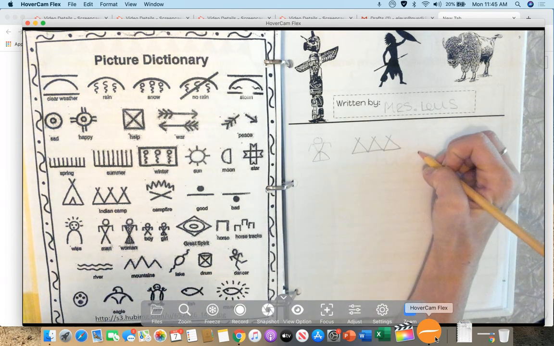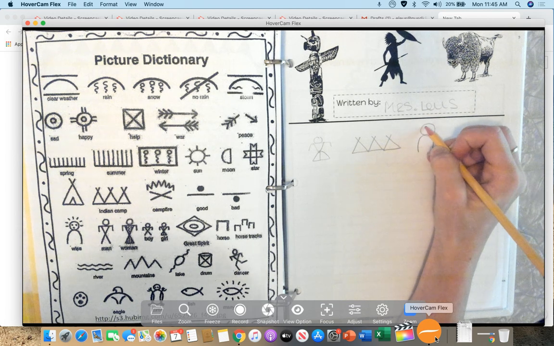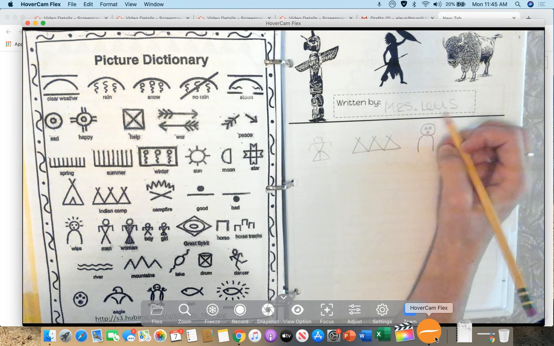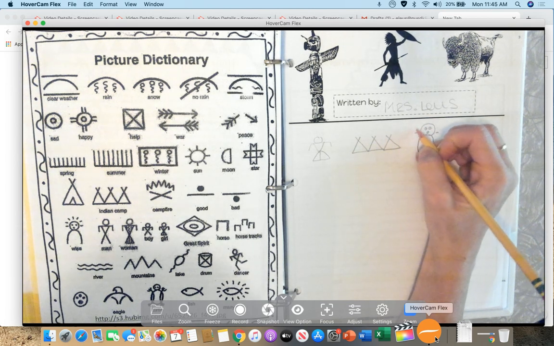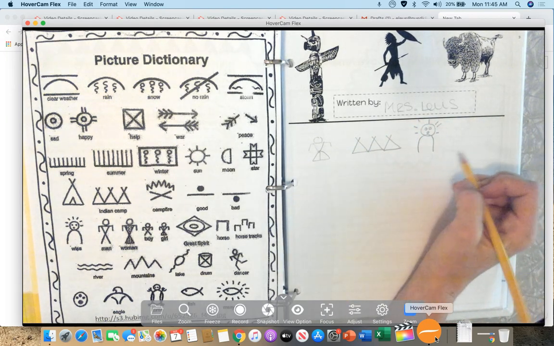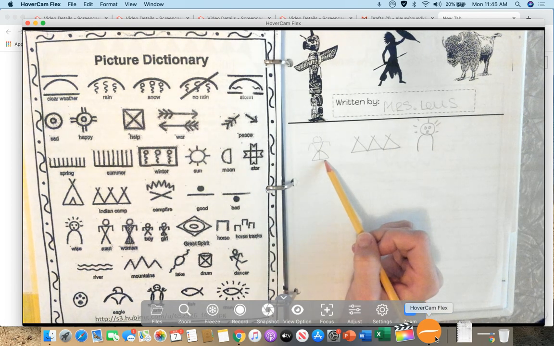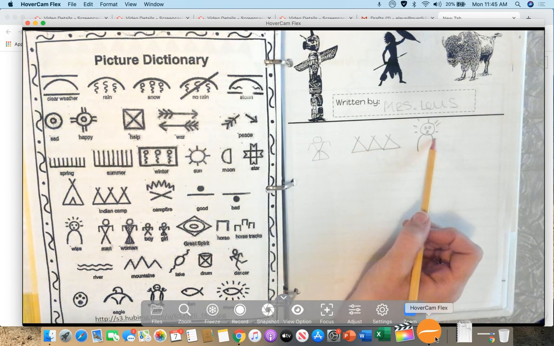So I'm going to draw the wise symbol. And notice I'm drawing exactly like I see on the sheet. You don't want to change it, okay?